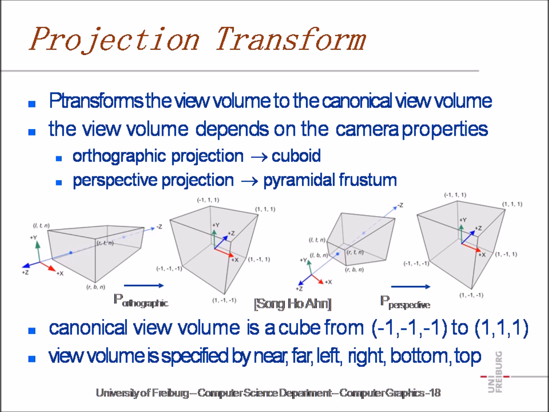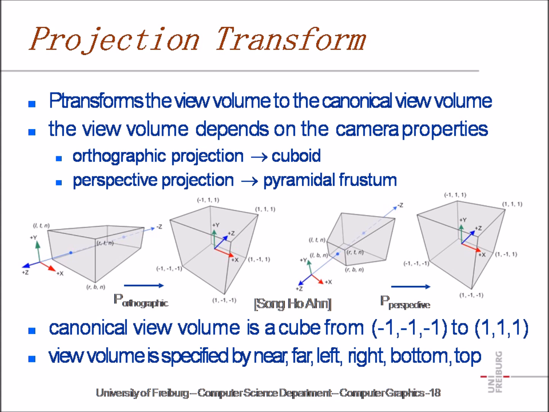Both approaches are demonstrated in the figure below. Starting from left to right, the first two figures reflect the concept of orthographic projection using the cuboid approach, whereas the last two figures reflect the concept of perspective projection using the pyramidal frustum approach.